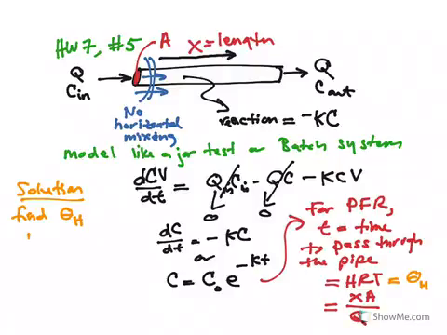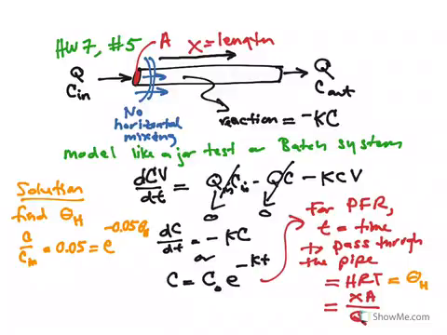So we have C over C in is equal to 0.05. We have 95% removal, which is equal to e to the negative 0.05 times the hydraulic residence time.